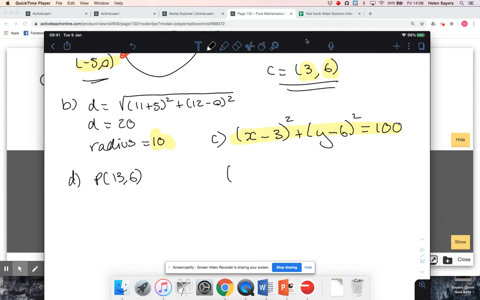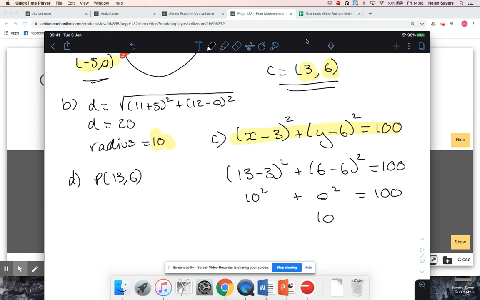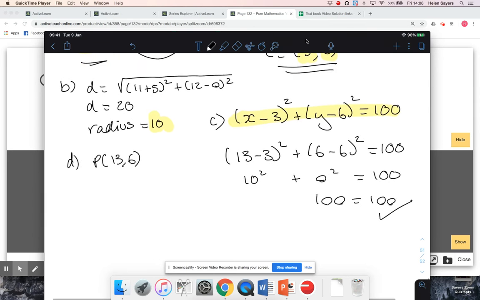So if x is 13 and y is 6, yeah, I can see that is going to work, because those first brackets will be 10 squared, those second brackets will be 0 squared. So I end up with 100 equals 100. So yeah, that works.